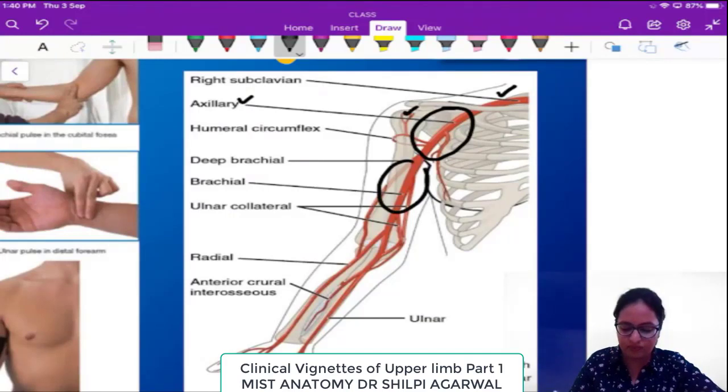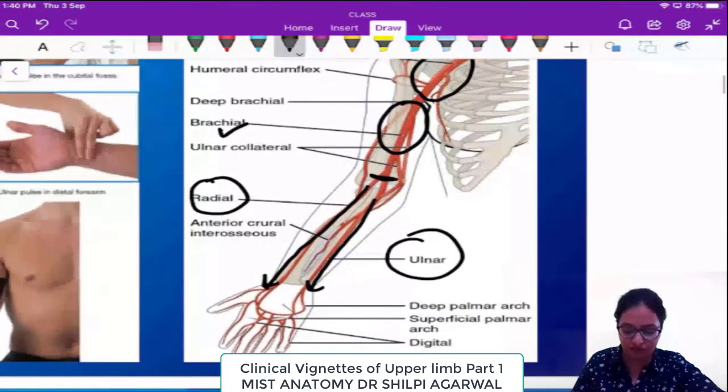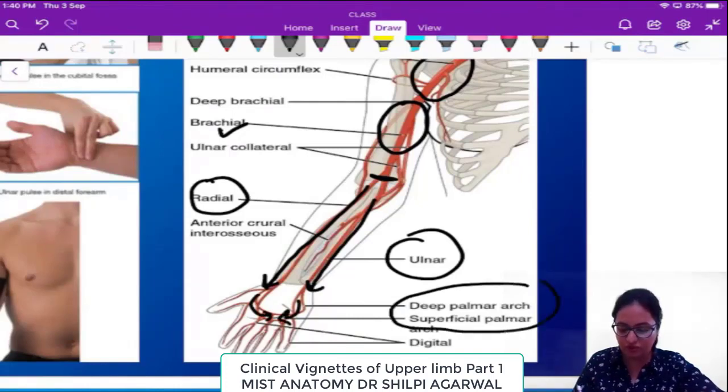Then in the arm, this portion of the artery is called the brachial artery. Near the neck of the radius, it divides into the radial and ulnar arteries. The radial artery runs along the lateral aspect, the ulnar artery along the medial aspect. When we reach the palm, you can see they anastomose with each other, and we say there is formation of the deep and superficial palmar arches.